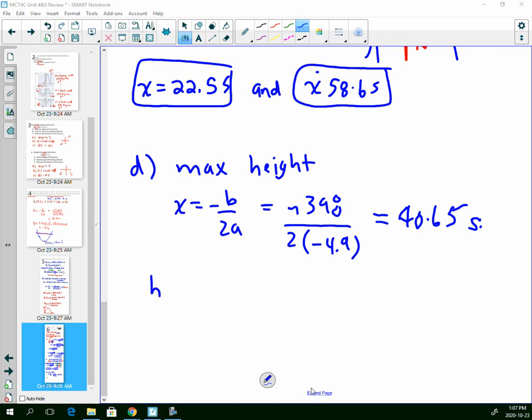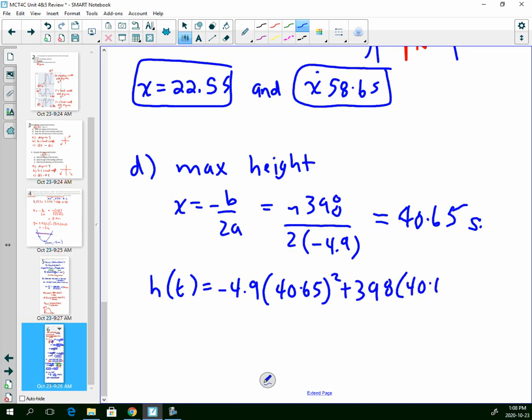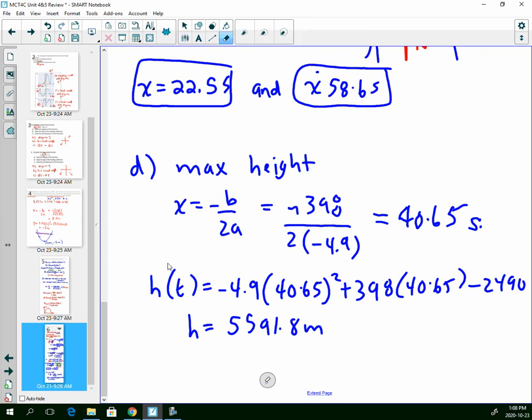So we'll do height, and we know it occurs at 40.65 seconds. And that height works out to be 5591.8 meters.